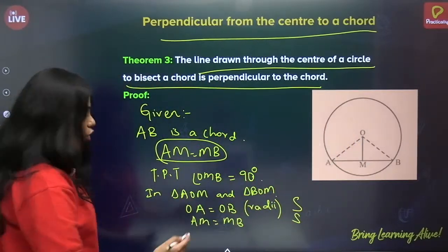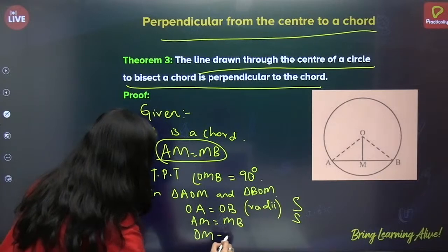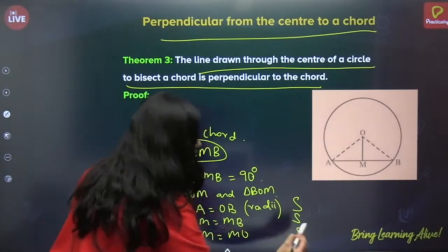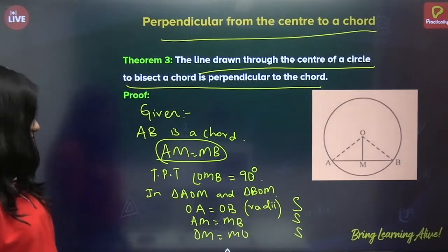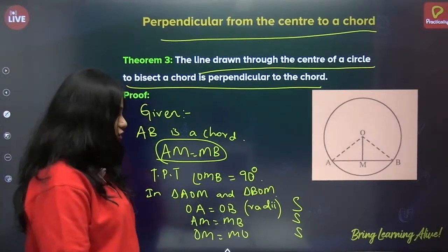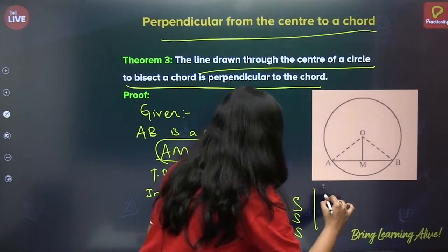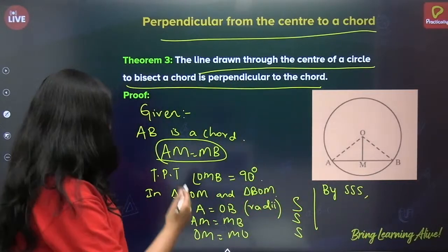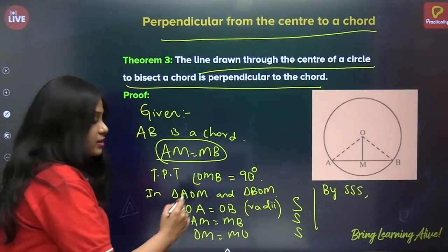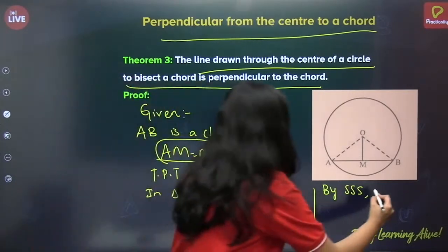Why? It is common. Again, side. SSS, very good. By SSS congruency, we say that triangle AOM is congruent to triangle BOM.